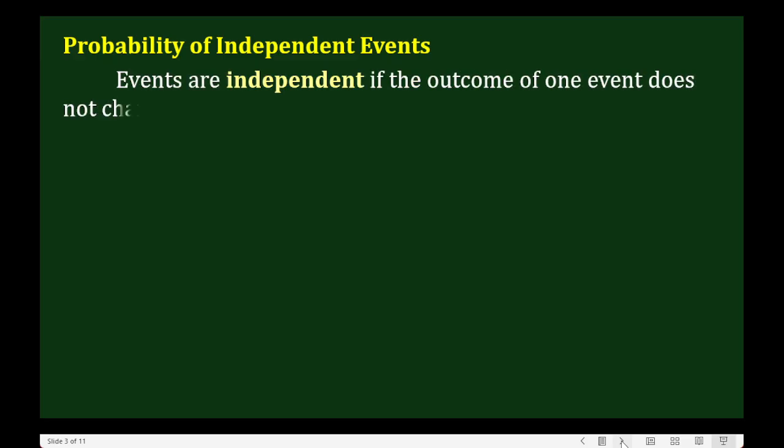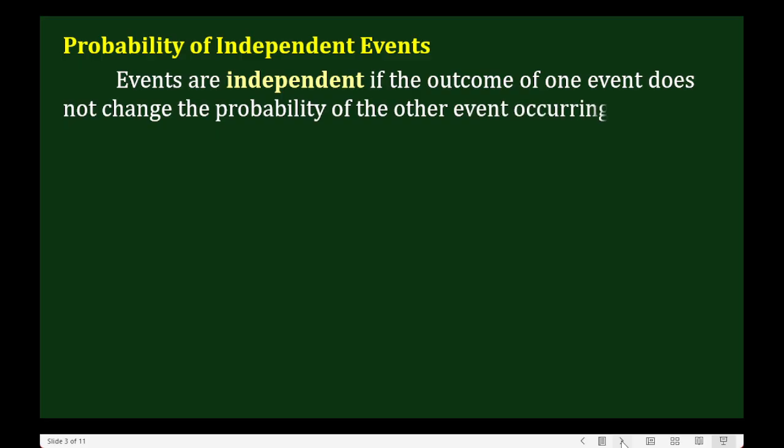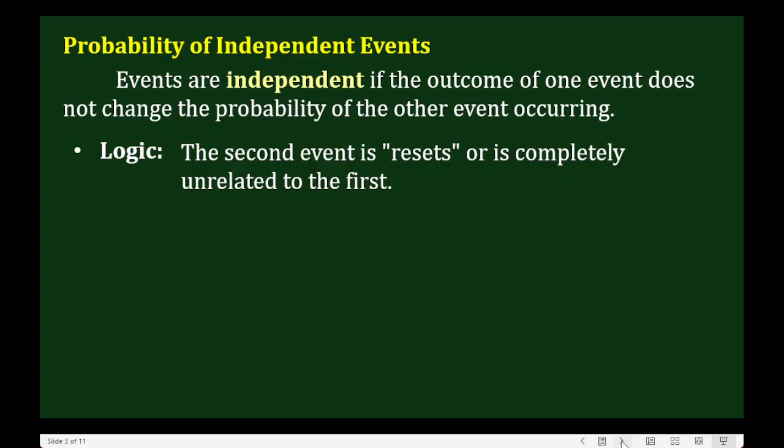Events are said to be independent if the outcome of one event does not change the probability of the other event happening or occurring. The logic is that the second event resets or is completely unrelated to the first one.